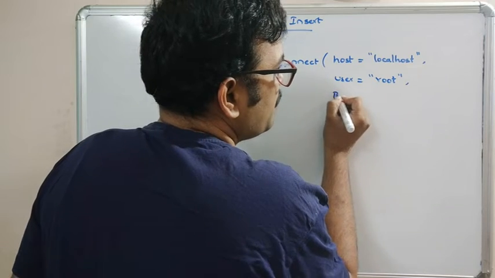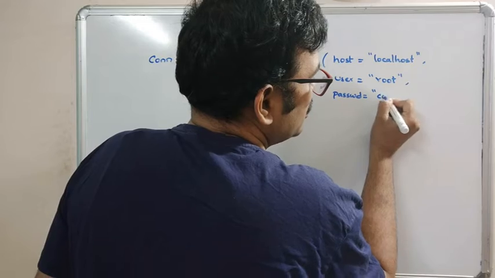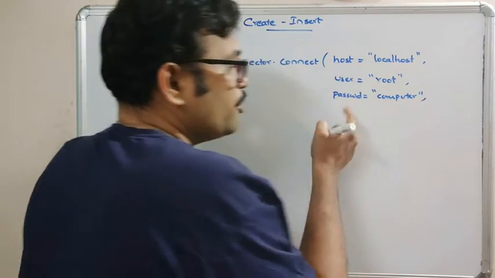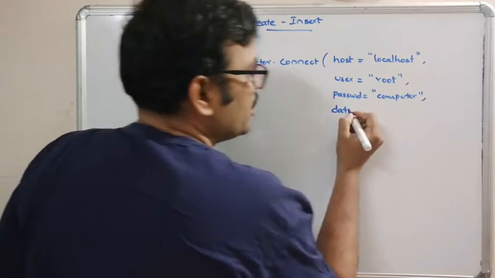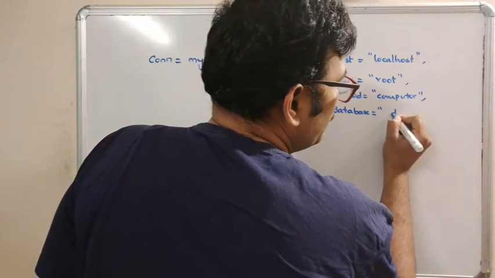Third parameter is the password. All these things we have seen in the previous session. I have given computer as the root password in my system. And the fourth parameter is the database in which we want to create the tables. So database is equal to, here give the database name.